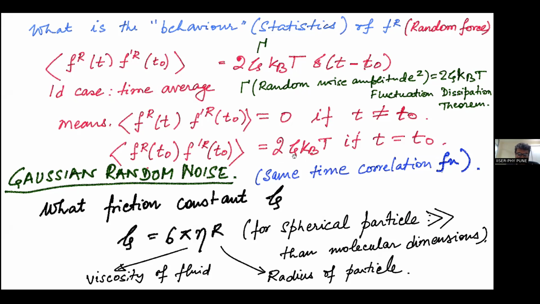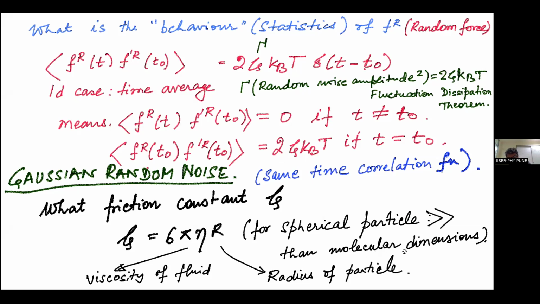Zeta is the friction constant, 6 pi eta r. You have seen this. This 6 pi eta r actually holds only for a spherical particle much larger than the molecular dimensions.